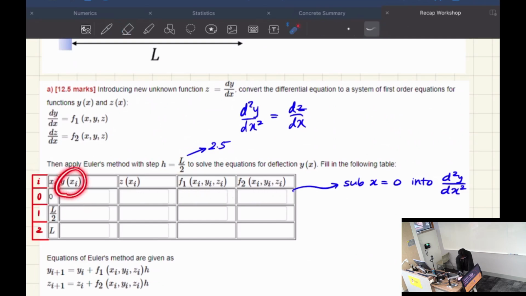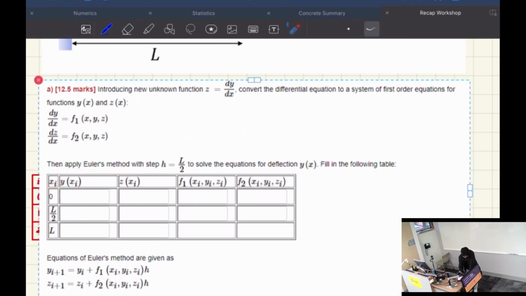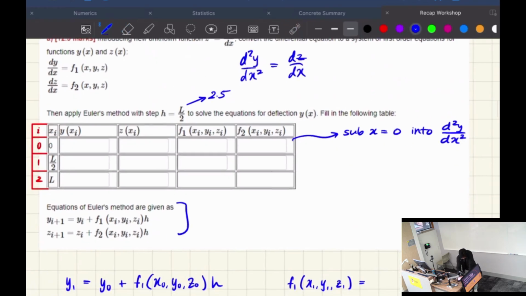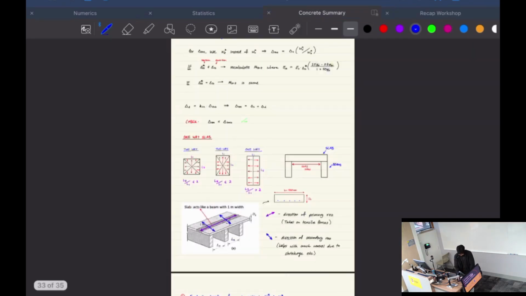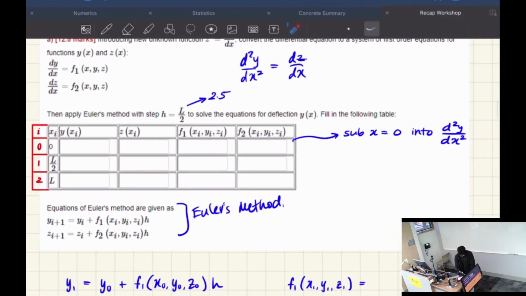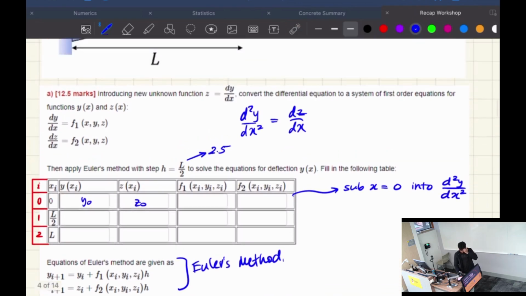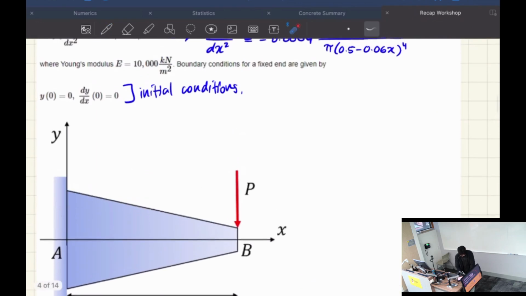So apply Euler's method, which they've given us over here. We can find y0 and z0 using our initial conditions, which they've given us up here.